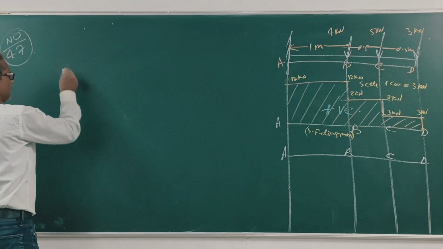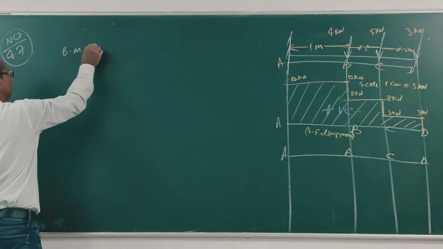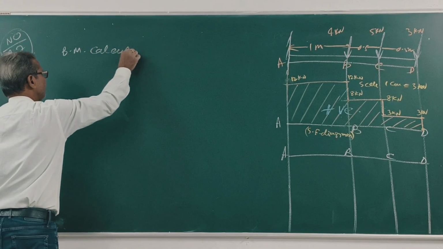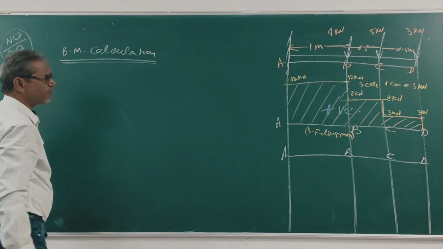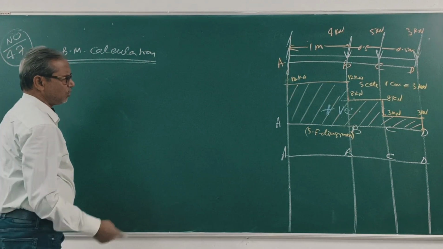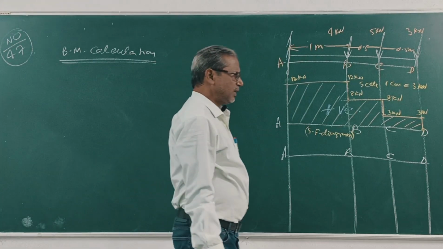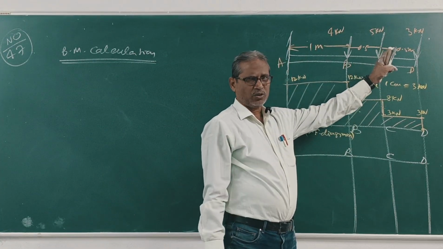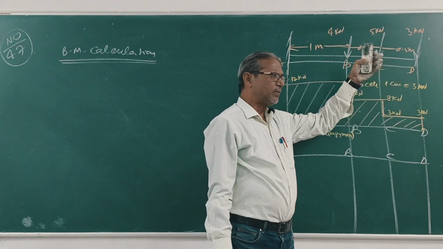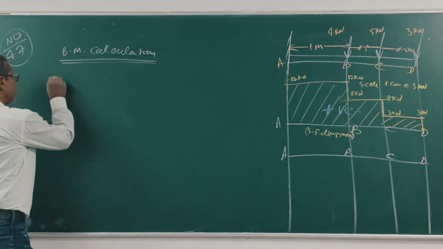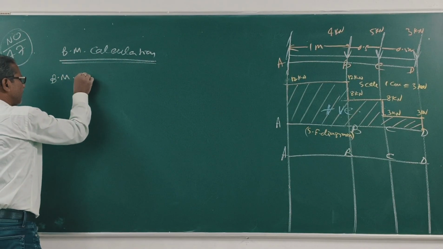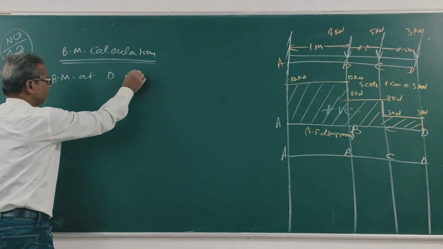Bending moment calculation. At D it is 0, because at D the moment of 3 kilonewton into distance 0, so bending moment at D is 0.